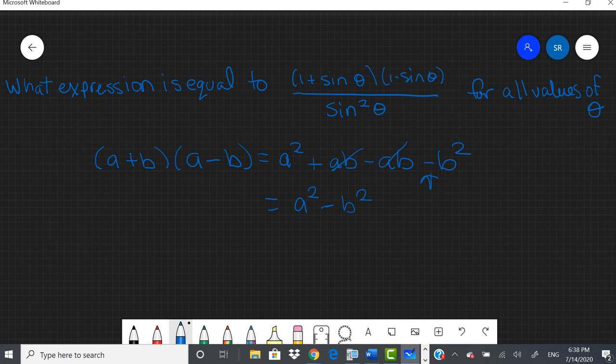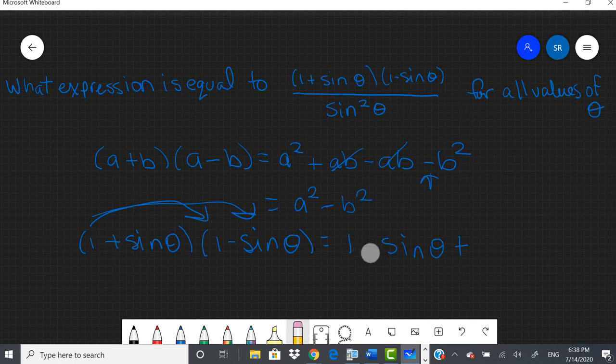In this situation, we're going to have the same thing. We're going to FOIL this out, and my sine theta minus sine theta is going to drop out. So I'm going to show you that really quickly, and then we can do this problem really easily. This becomes 1 plus sine theta, times 1 minus sine theta.